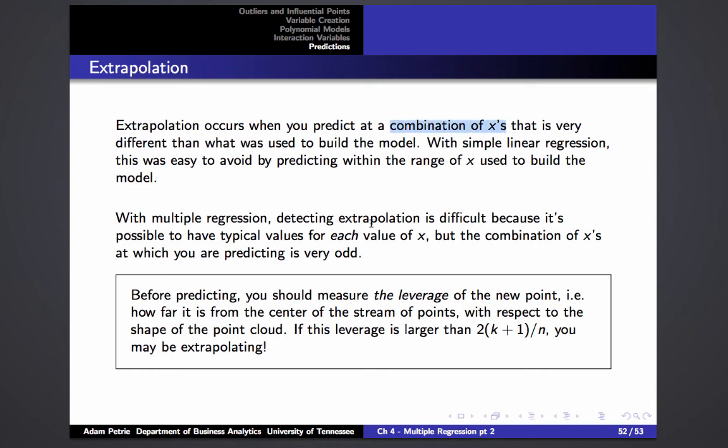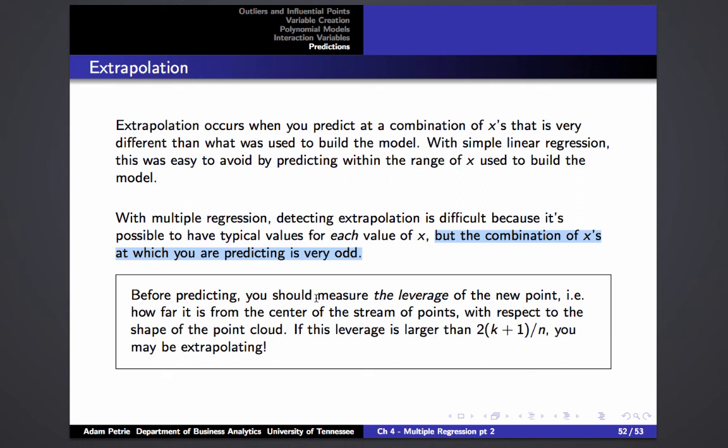And it's actually remarkably difficult to detect extrapolation in a multiple regression context because it's really difficult to tell how unusual that combination of x's is. It very well might be the case that you have very typical values for each predictor, but overall the combination of those x's that you're making that prediction at is very odd. So what do we do?